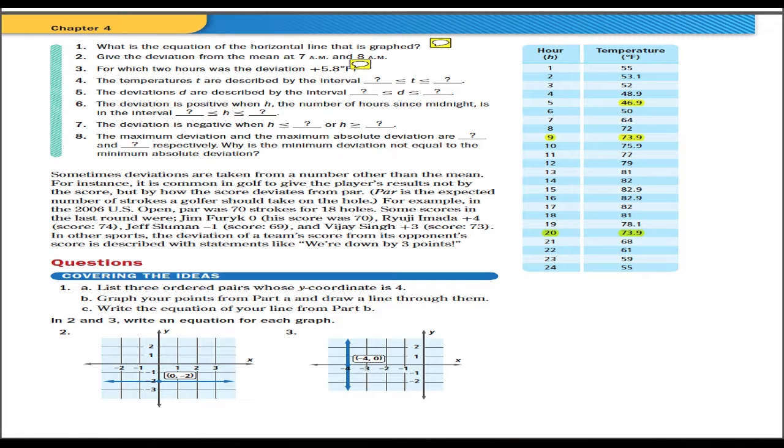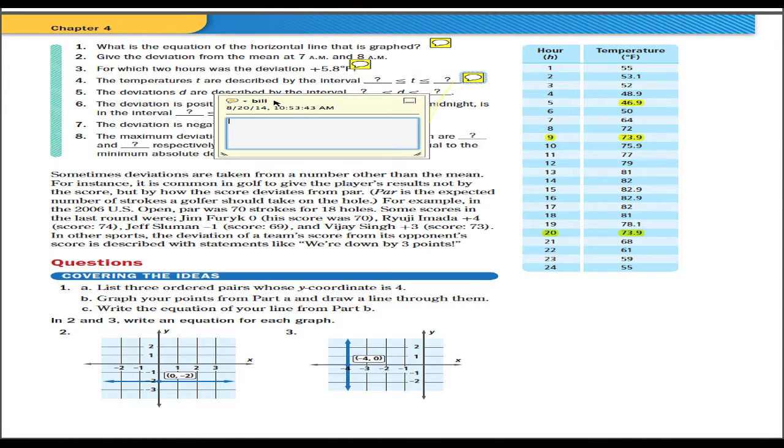So the interval for this one is going to be 46.9 is less than or equal to T, which is less than or equal to whatever the maximum is.